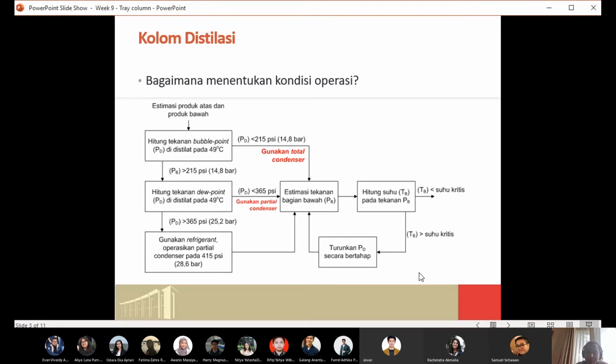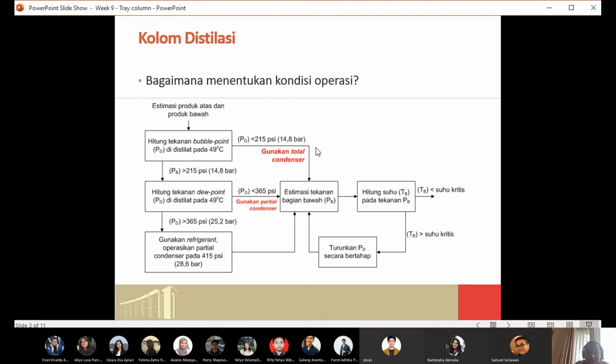After you know about the pressure, you have to think about the temperature. If the temperature of that vaporization is higher than the critical temperature, you have to reduce the pressure of the bottom side again, until the temperature of the bottom, meaning the temperature of the reboiler, is lower than the critical temperature.